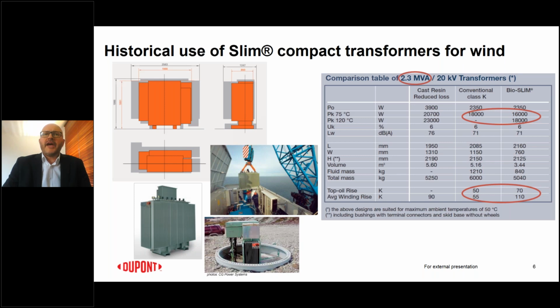When you look at the weight of these transformers, this specific transformer went from 6 tons to 5 tons in total weight, and the liquid from 1,200 kilograms to 800, that's a 33% liquid weight reduction. So that was a significant impact on the environment, on the weight of the transformer, on the fire aspects. And what is important, although this transformer was very compact, it still maintained the regular losses.